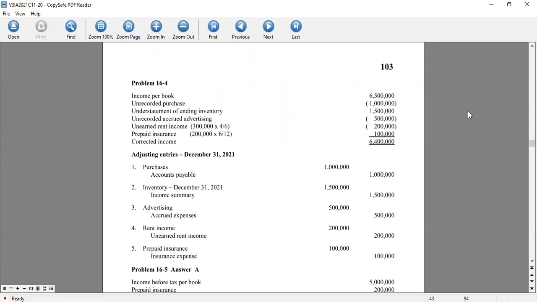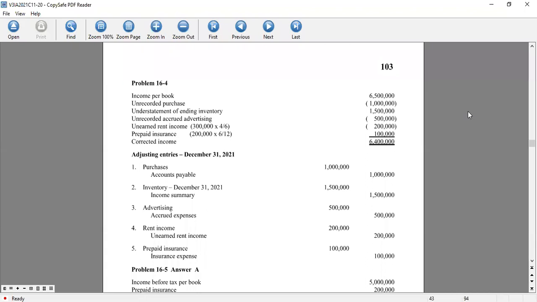Payment was made in January. That was the time when the expense was recorded. However, it should be recorded in 2021. So what happened? Due to the failure of the company to record advertising accrued, the net income was overstated.